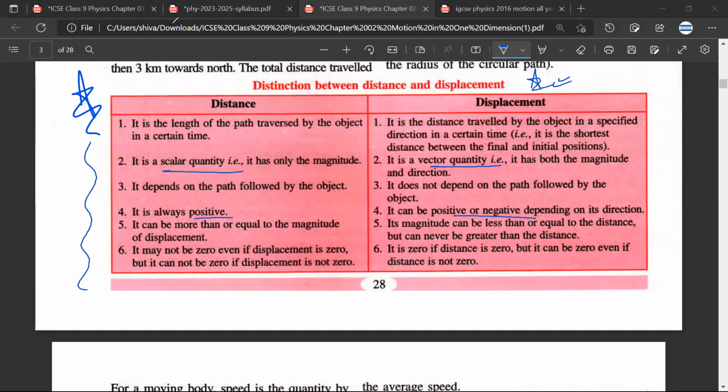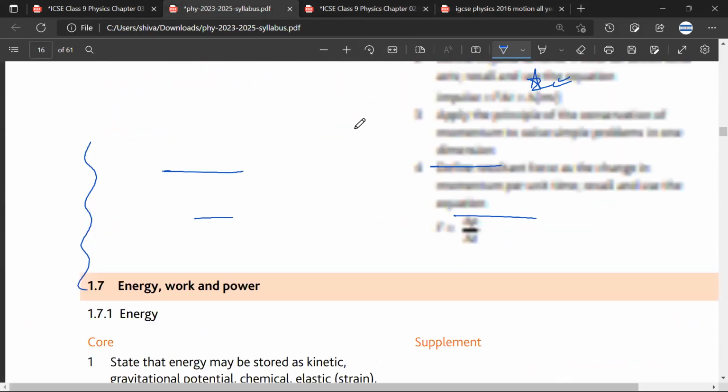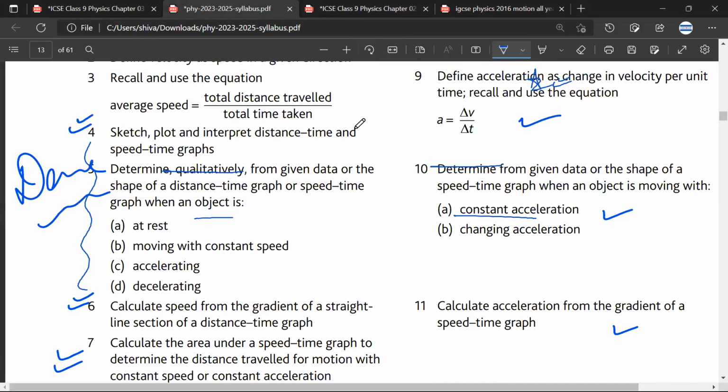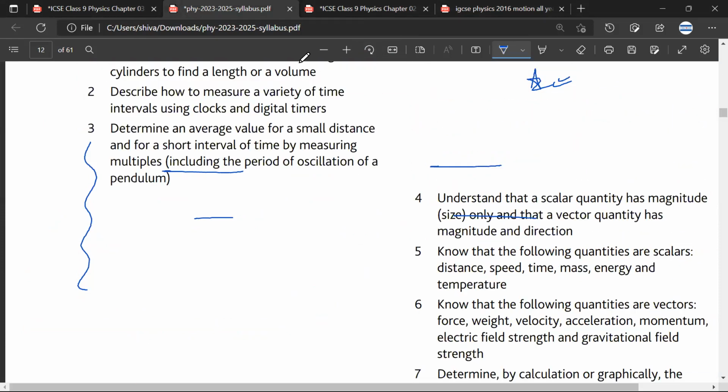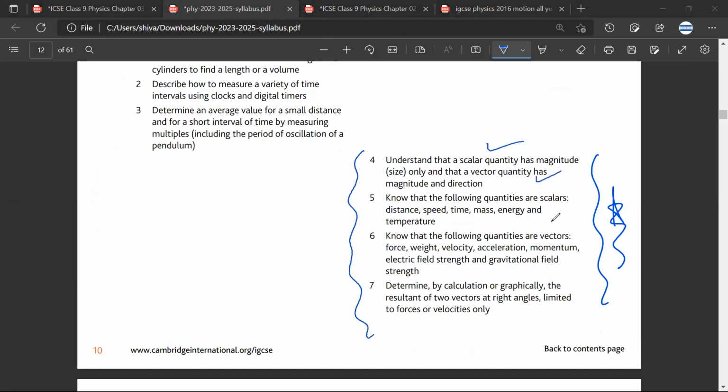Yes, sir. Great. I wanted to cover this because if you see your physics syllabus, this is one of the first topics that they talk about. If you see scalars and vectors, graphically, this is what I was talking about: calculation graphically of the resultant of two vectors at right angles, limited to forces or velocities only.